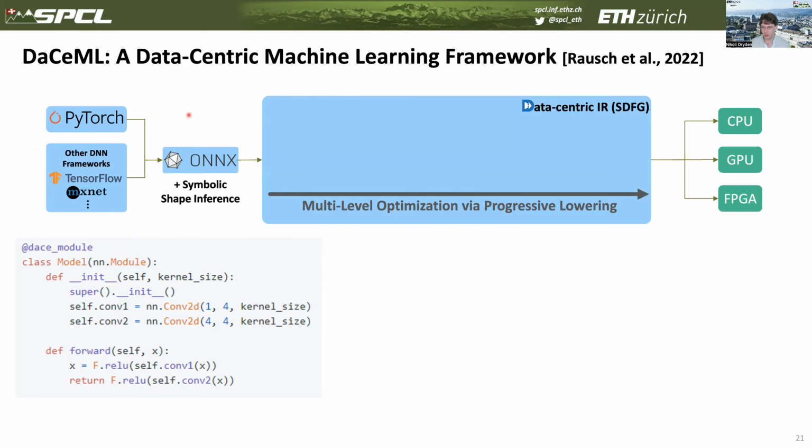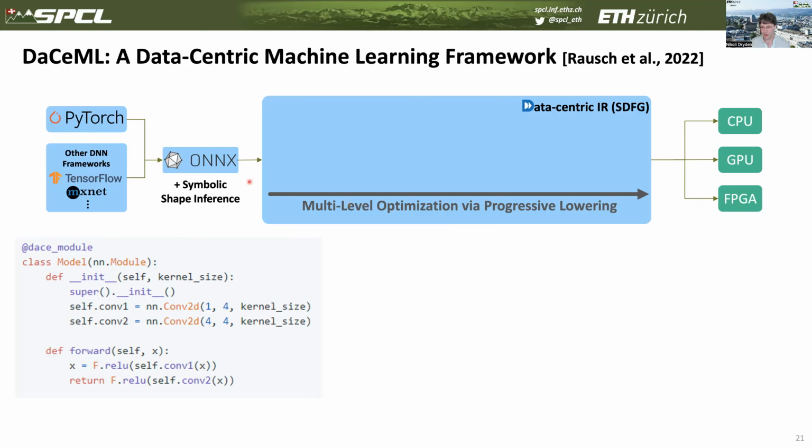DaCe will internally export this through ONNX and do symbolic shape inference to understand exactly what your neural network is doing, and then use the stateful dataflow multigraph, SDFG, intermediate representation, to do a multi-level optimization via progressive lowering, and finally produce optimized code.